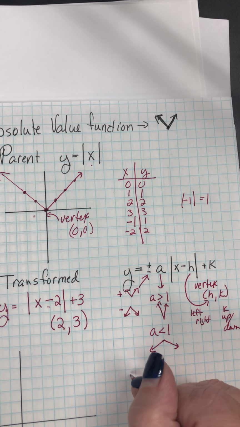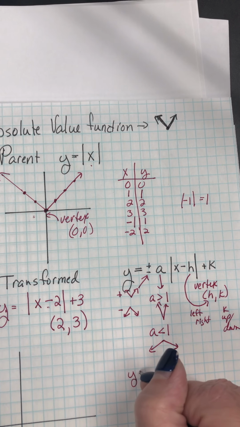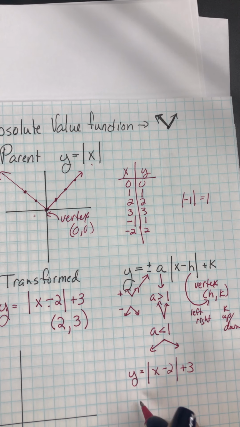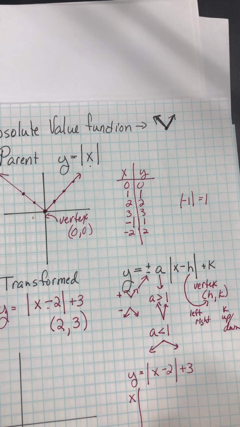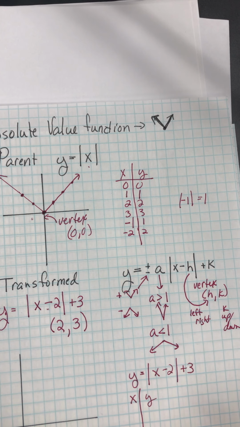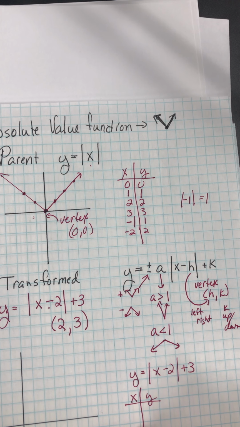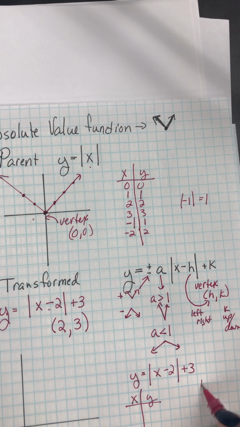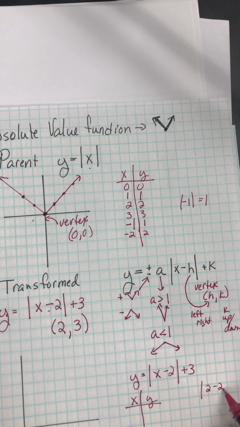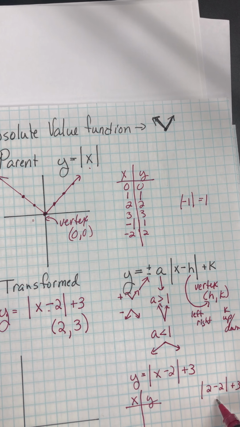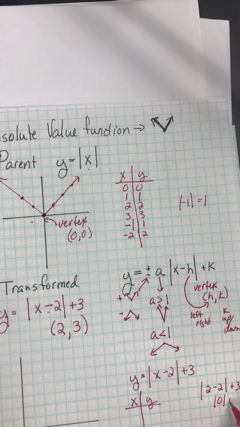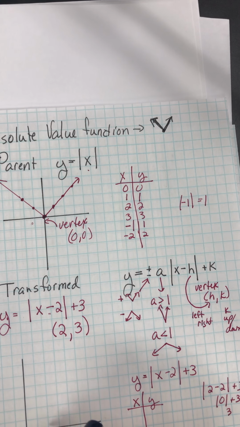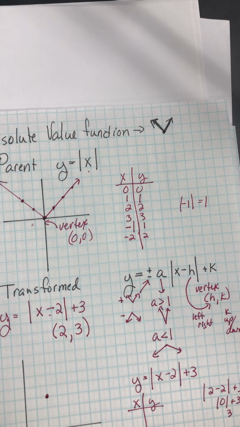So if I have y equals the absolute value of x minus 2 plus 3, I'm going to test my theory that I think this is going to be at 2, 3 by trying the 2 in my formula first. The absolute value of 2 minus 2 plus 3 would be the absolute value of 0 plus 3, which is just 3. 2, 3.